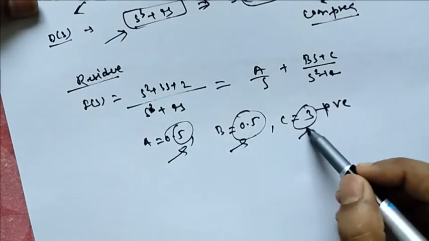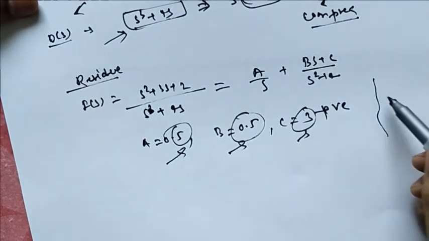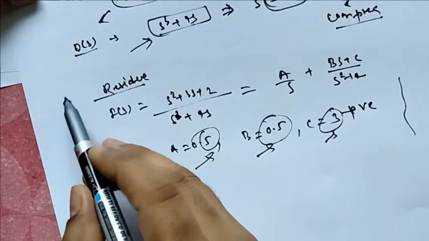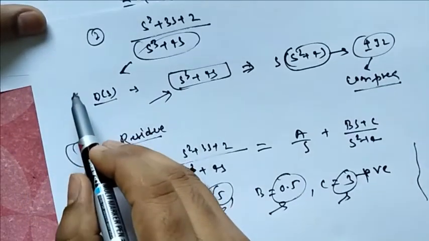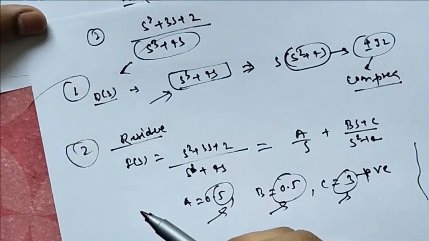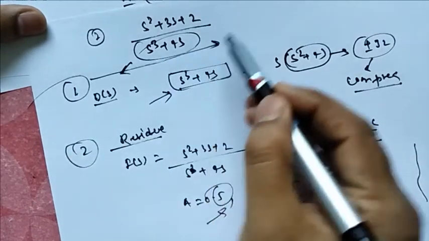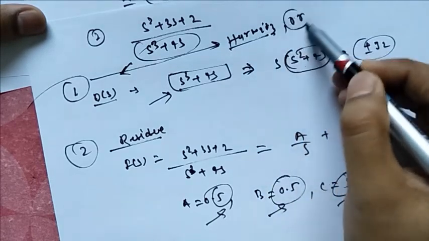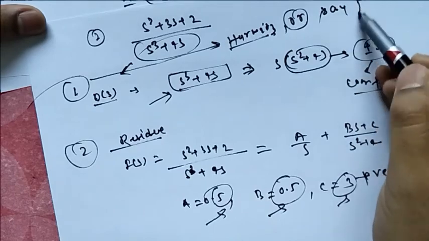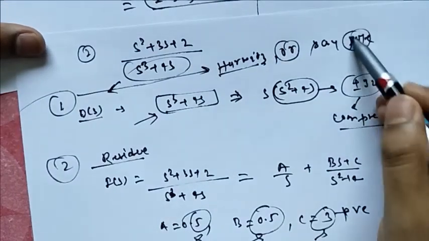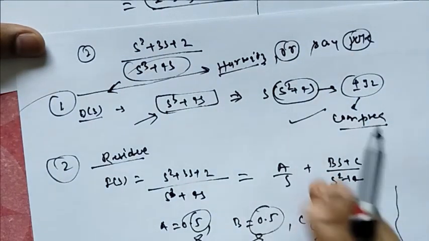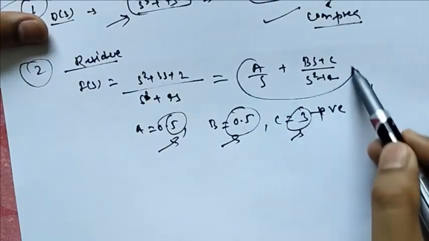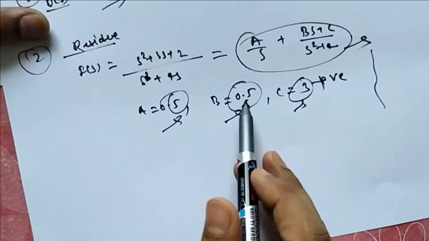If the coefficients were negative or complex, then right here we would say this is not PRF. This is the second part we have done, the checking. In the first part the pole is in the left half, whether you check it with the Hurwitz polynomial or by saying the pole is in the left half. Now we have directly checked that the pole is complex, and from that we came to know the residue is positive.